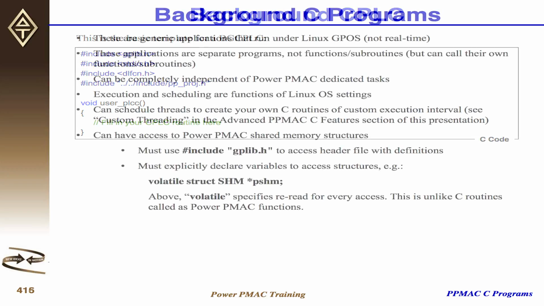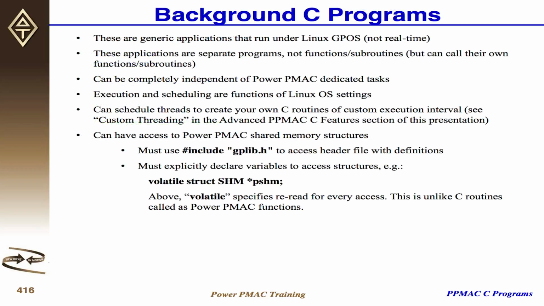And lastly, the background C programs are allocated by the Linux general purpose OS, and you can actually find the executable file if you navigate through the Linux environment, and you can run it from the Linux terminal and everything if you want.